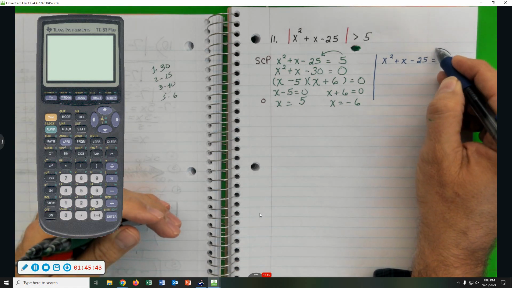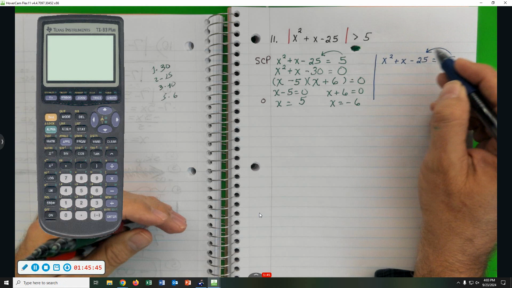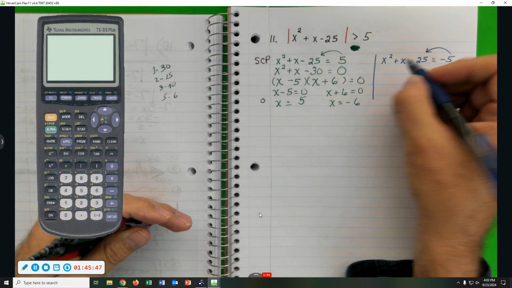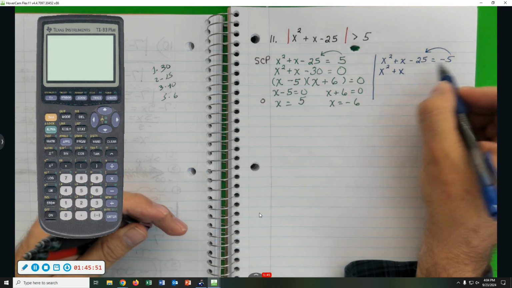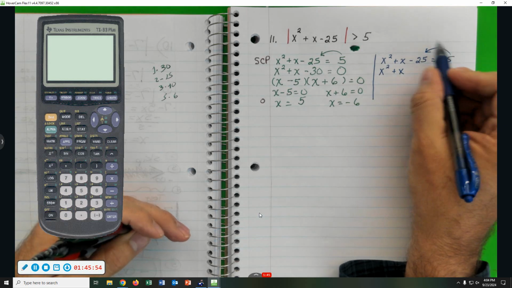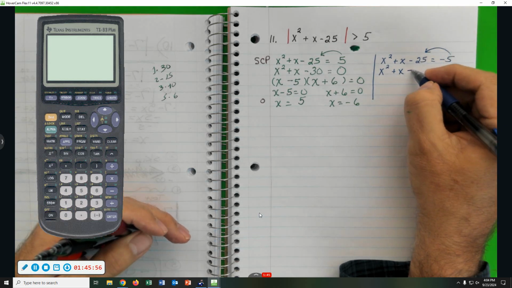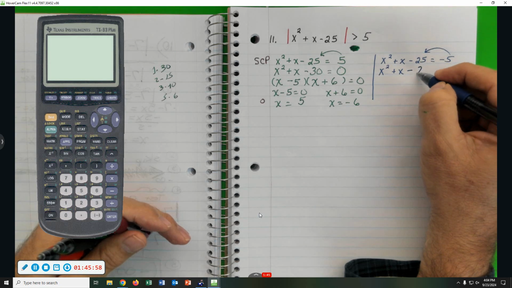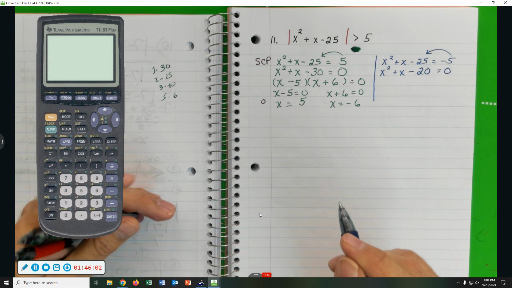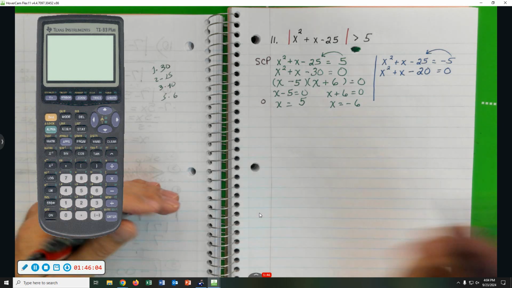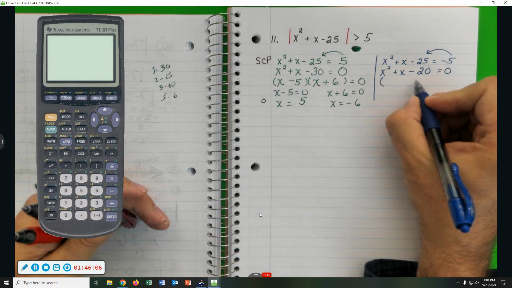I'll move this minus 5 over by adding 5. So we'll have x squared plus x, negative 25 plus 5. That's going to be a negative what? Negative 20. It's another simple trinomial.